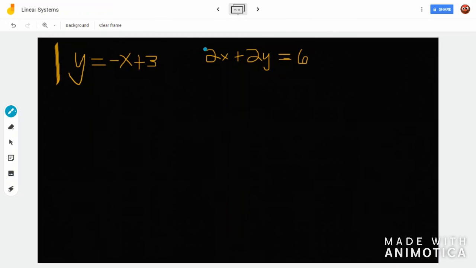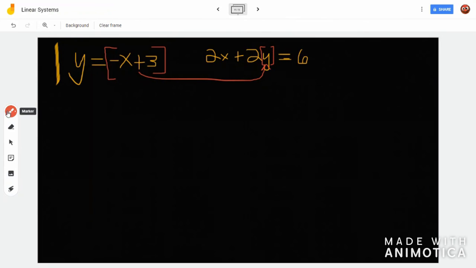All right, the yellow one. Now this linear system, again, we have it written side by side, even though in this case, this y is already solved for. It's already by itself. So I will just take this and drop it right in there for that y.